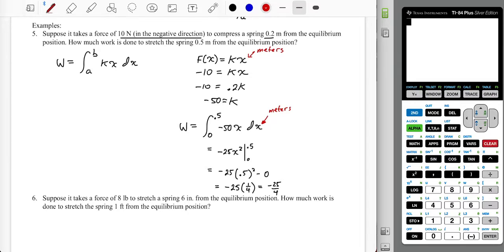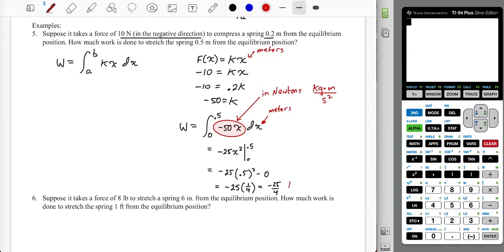So you could go after it and say, if we know that this is a newton, which is also known as kilograms meters per second squared, then we can establish the units of measure for our final answer, which would be kilograms meters per second squared multiplied by another set of meters.